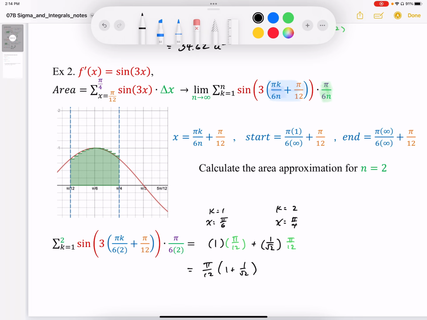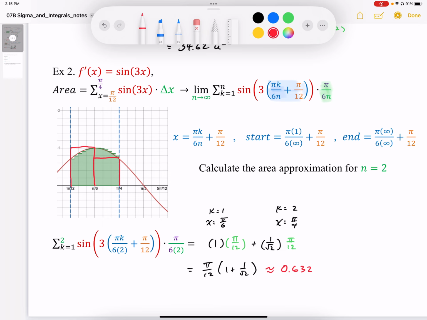Now, I used a right edge rectangle, so my picture would have looked more like this, as my right edge rectangles. If I were drawing those rectangles, that would be the area that I've calculated, and that's approximately equal to 0.632.